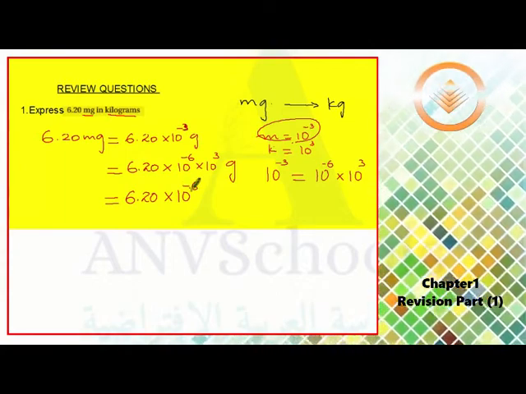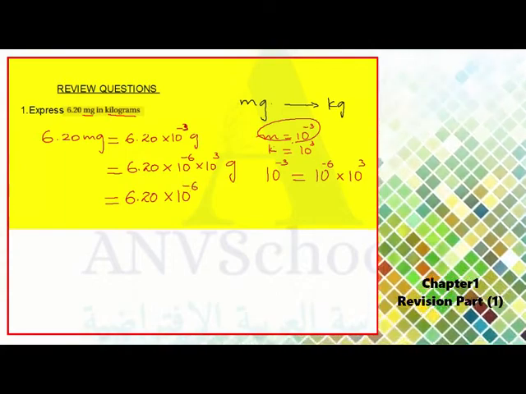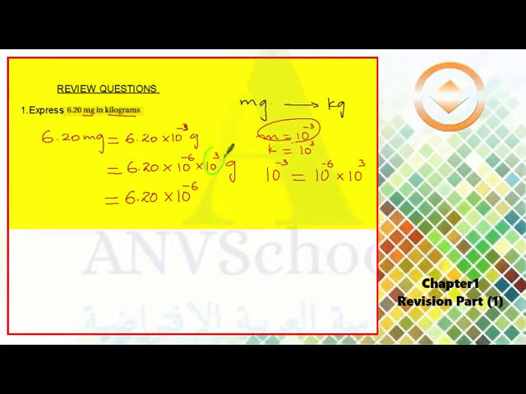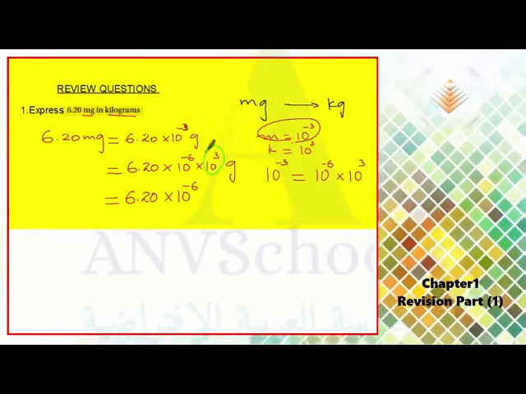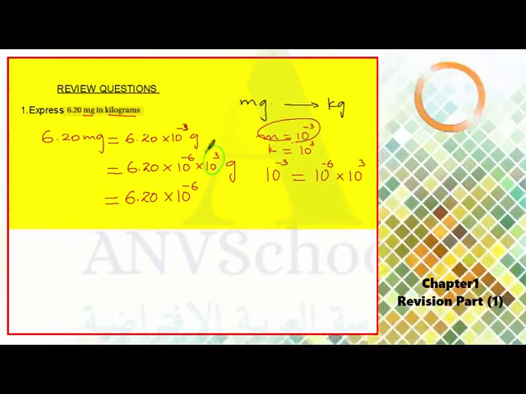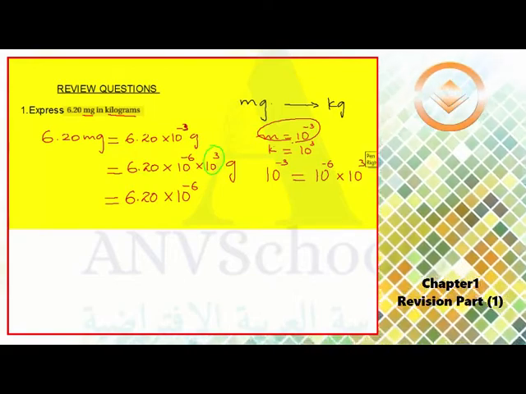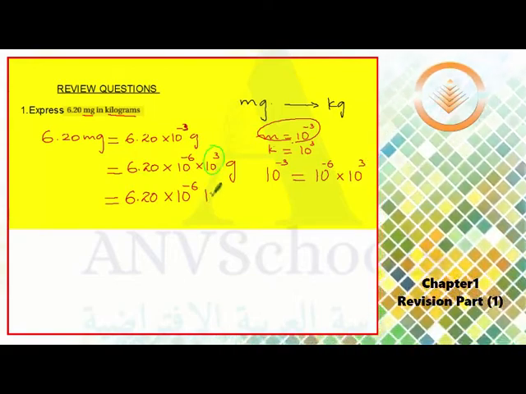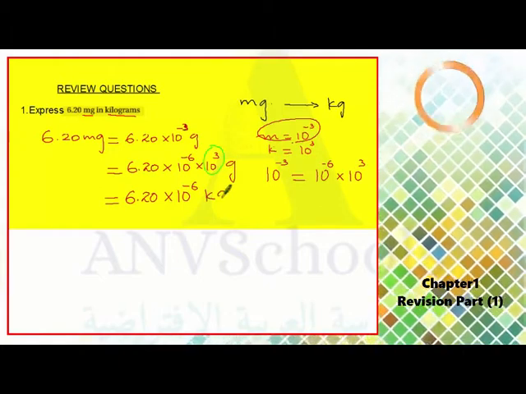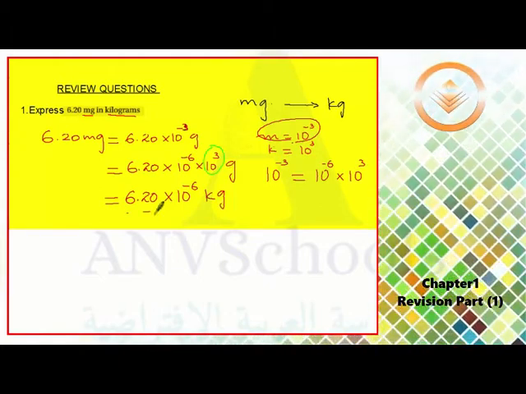I know that 10 to the power of 3 can be substituted by the prefix kilo. So this is equivalent to kilo prefix and gram. So this should be the answer.